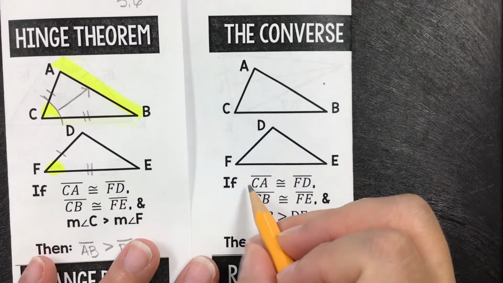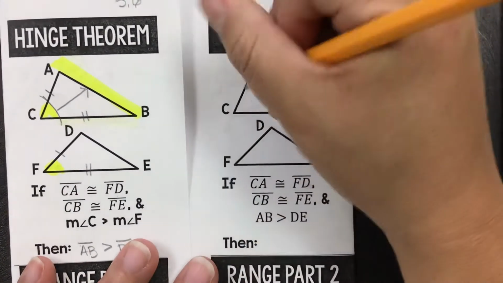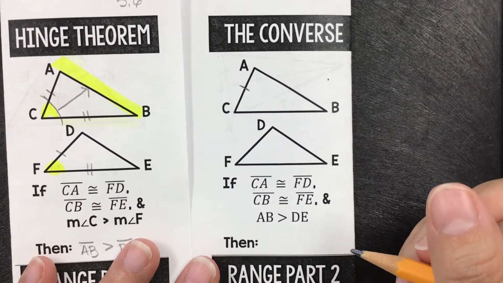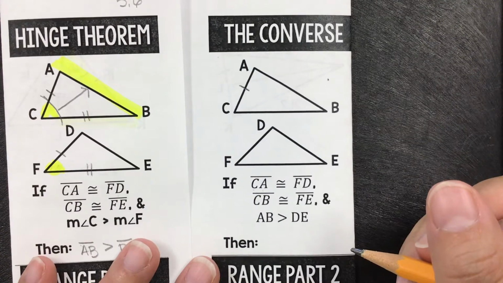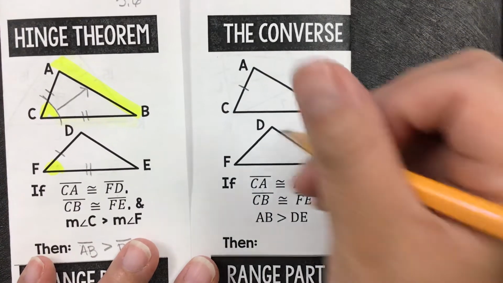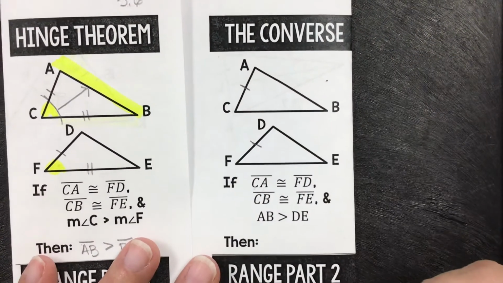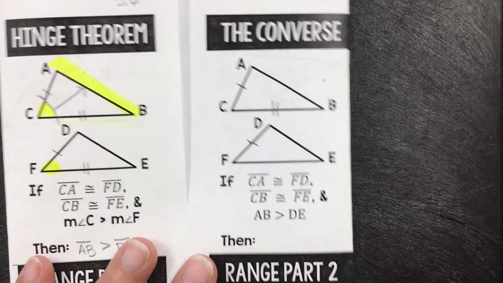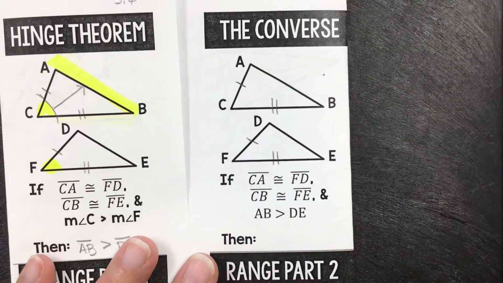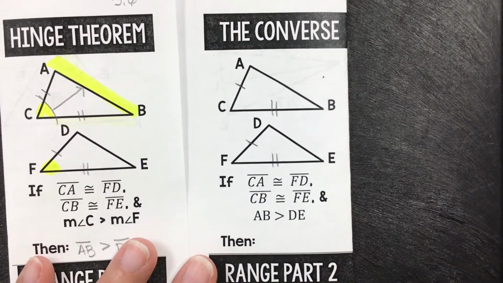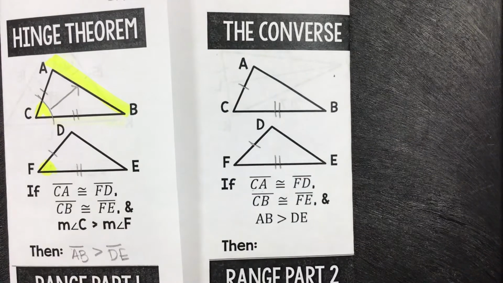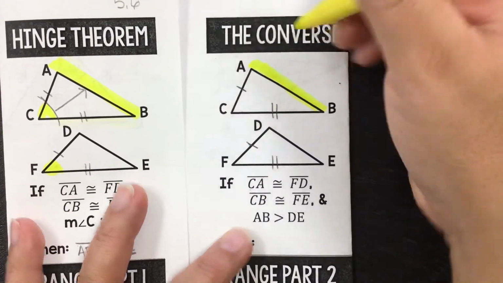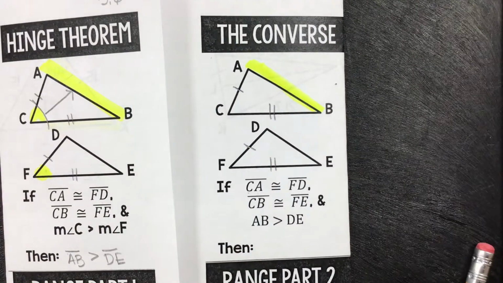We have that CA is congruent to FD. CB is congruent to FE. Now they're telling us that the side AB is bigger than the side DE.